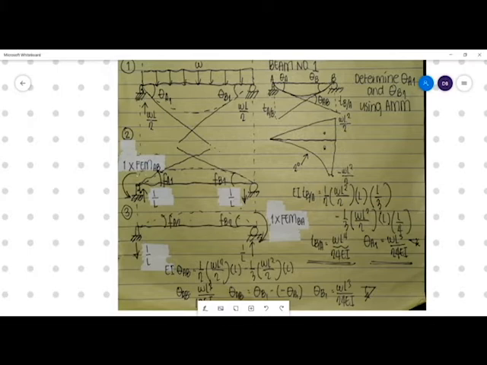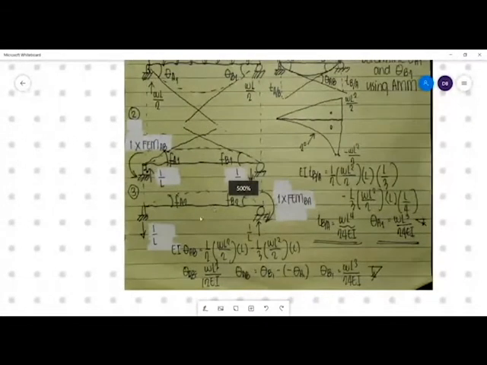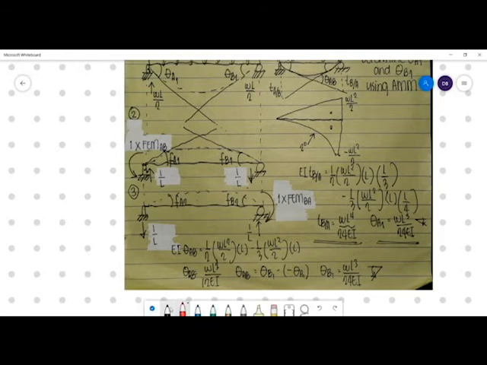Then we remove the moment at A and put the moment at B, and the same thing will also happen. We designate the slope due to the unit moment at A as FA1 and FB1.